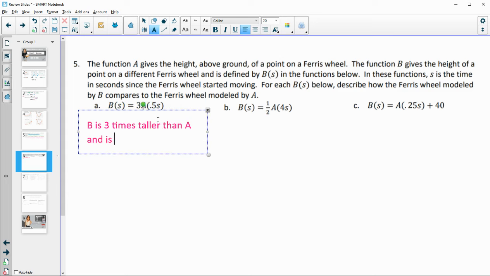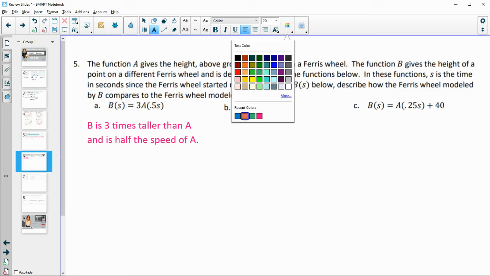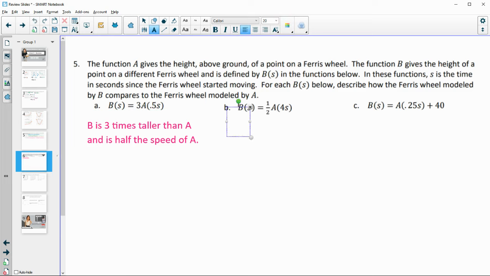So B is half the speed of A. Then in part B, we have that B is half as tall, because the outside impacts the height.